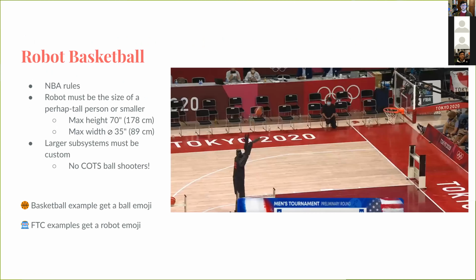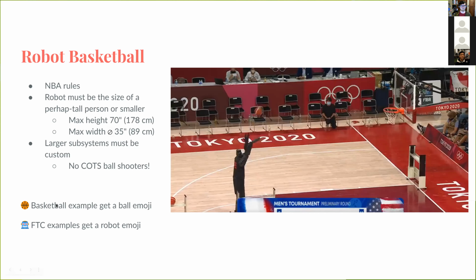All right, as a framing device for this presentation, we're going to be talking about building a robot that plays basketball. Basketball isn't too dissimilar to what y'all do as an FTC team. There was a game a few years ago where you basically played basketball, actually. And you might have also seen during the Olympics, Toyota made a robot that plays basketball that played during halftime, I think during the France-US game or US-France game.